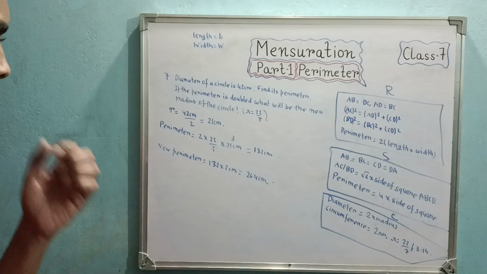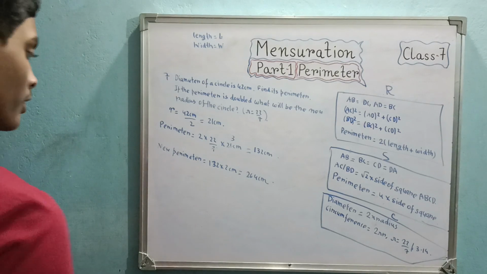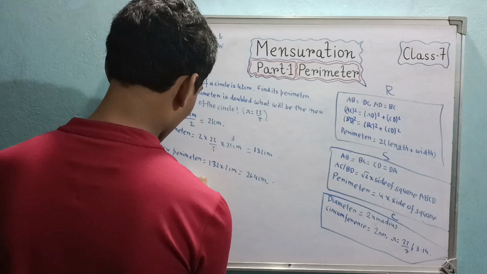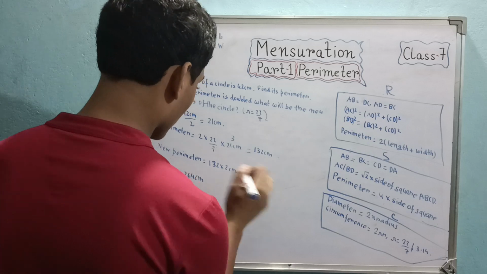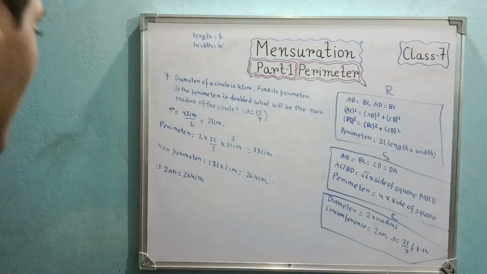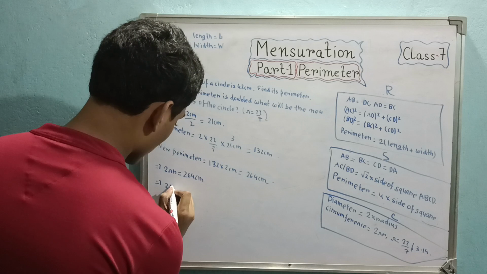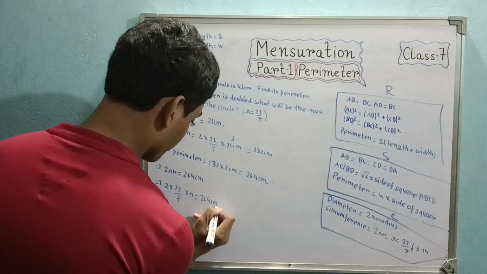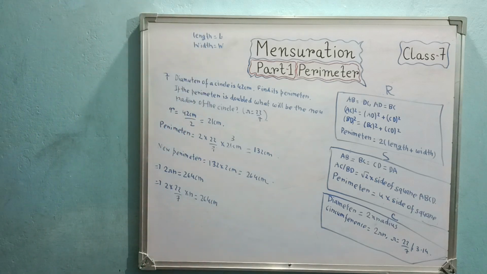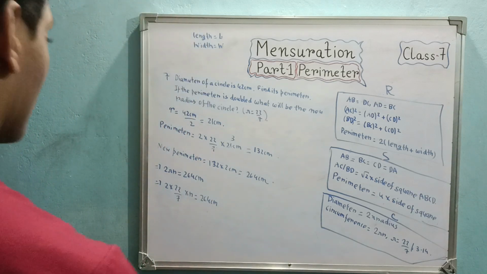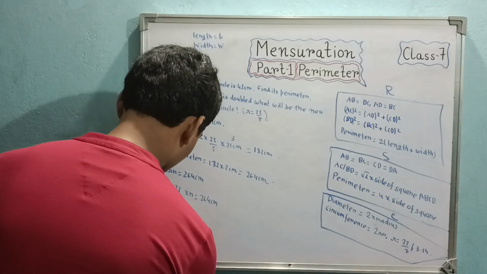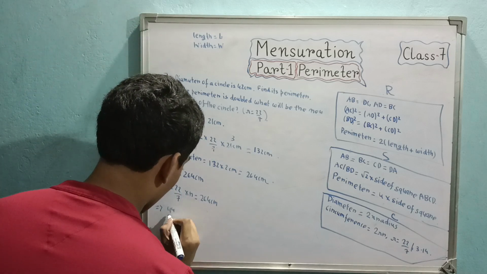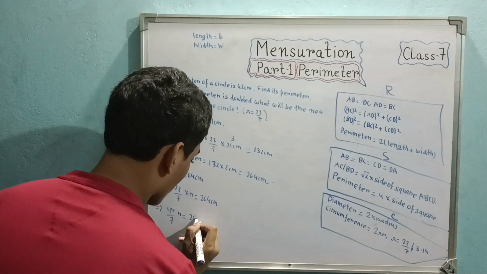Now, we know the circumference or perimeter of a circle is 2 pi r. We don't know r, so let it be. 2 pi r equal to 264 centimeter. Now I can write, this is the new perimeter. Pi's value is 22 by 7. So 2 into 22 by 7 into r equal to 264 centimeter. 2 into 22 is 44 by 7 r equal to 264 centimeter.